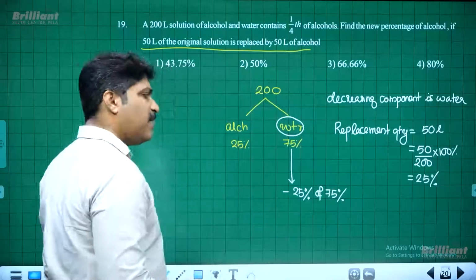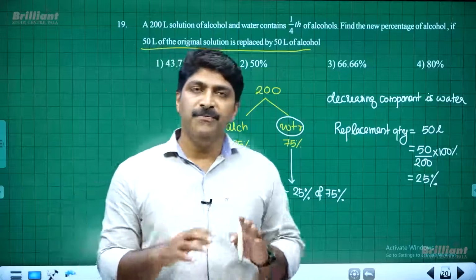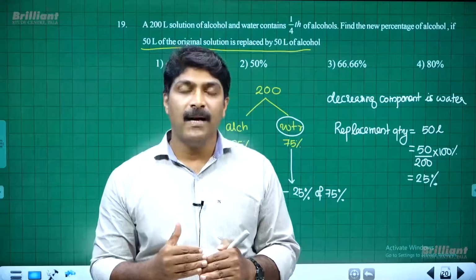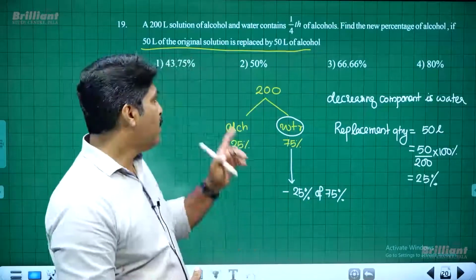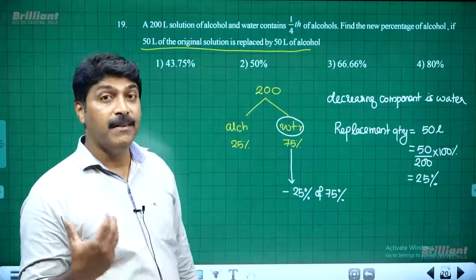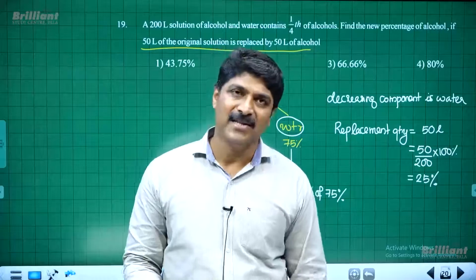What is the logic we are applying here? Whenever we remove 25% of the entire solution, both components, alcohol and water, will be diminished by 25% each. That's the simple logic we are considering here.